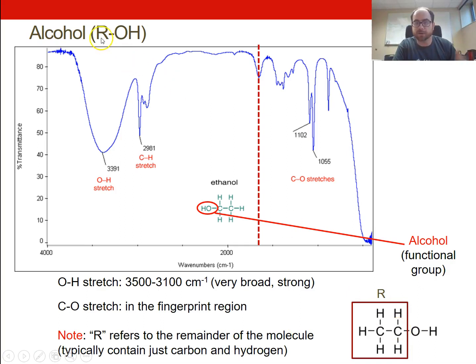Oftentimes in your book and in other resources that you utilize, you'll see an R and some sort of functional group attached to it. The R typically corresponds to the rest of the molecule, which typically consists of carbons and hydrogens. Alcohols are pretty easy to identify in the IR spectrum because they have this very broad and very strong peak in this region. Notice that this is pretty easy to identify.